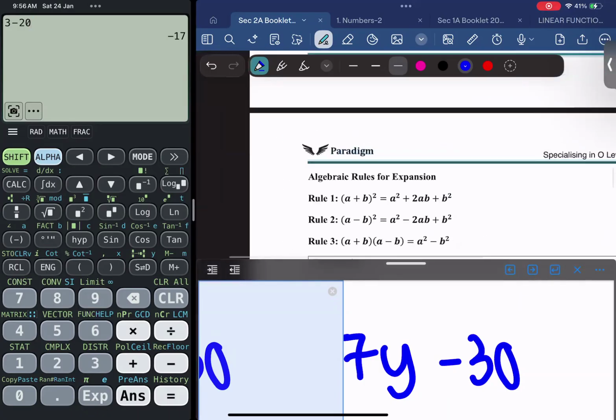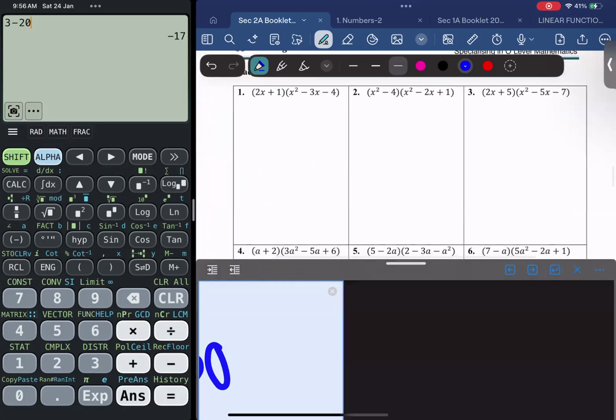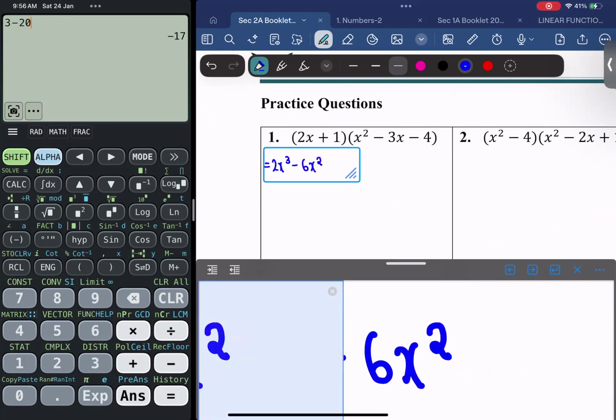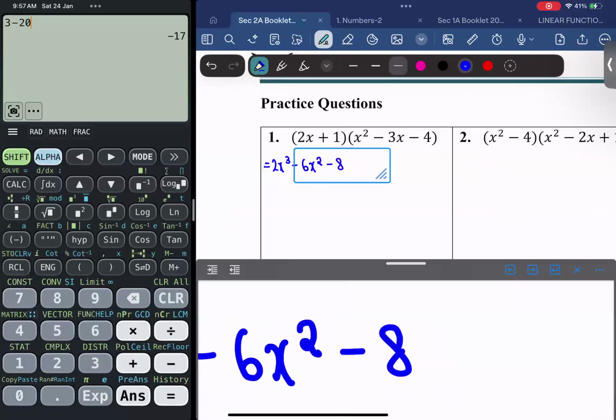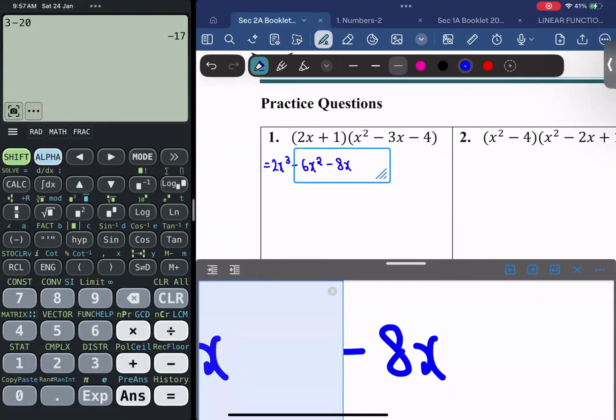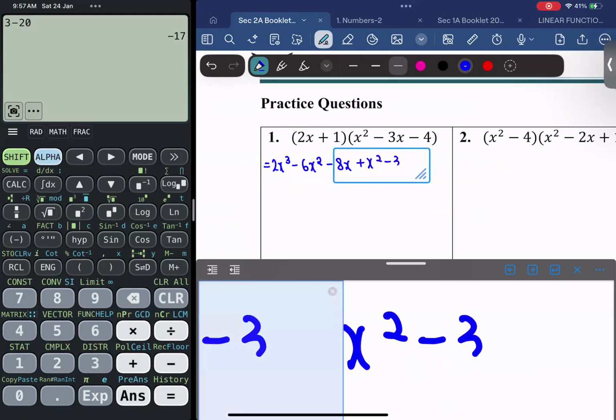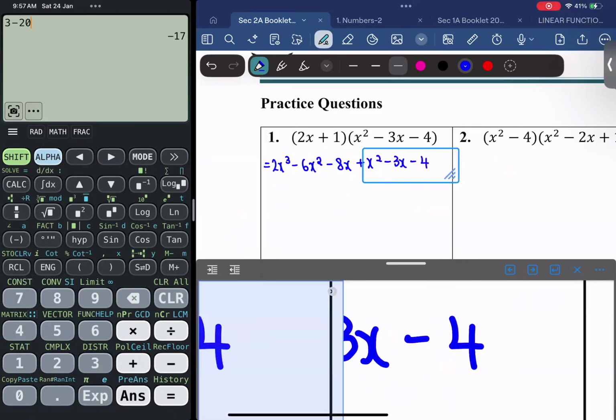All right. So here, expanding 2x cubed minus 6x squared, then minus 8x. Then after that, the 1 x squared minus 3x minus 4.